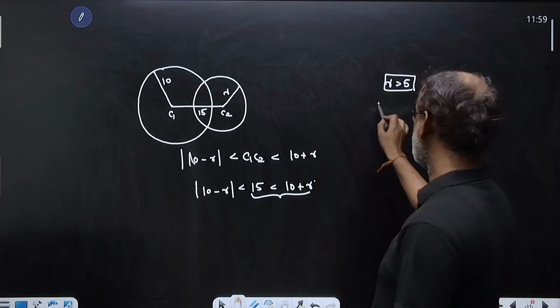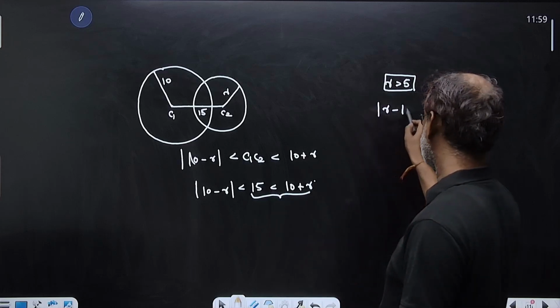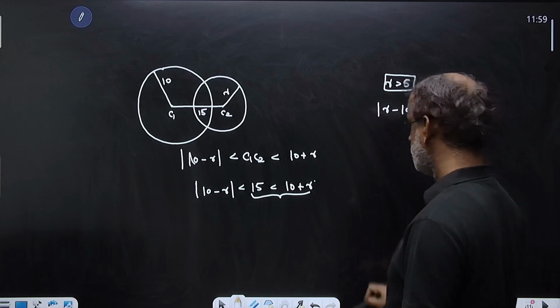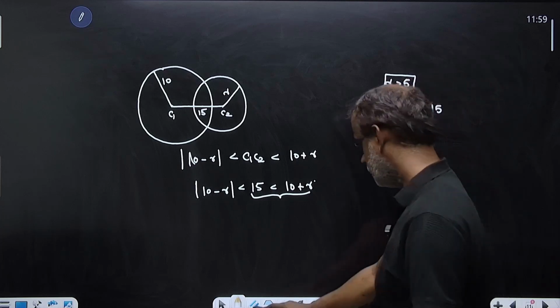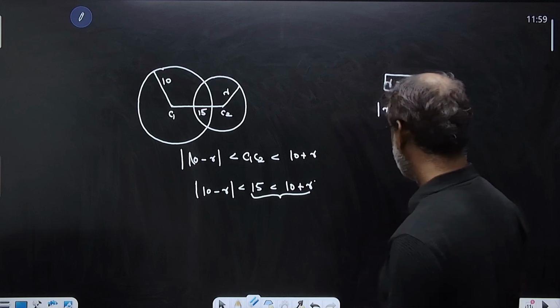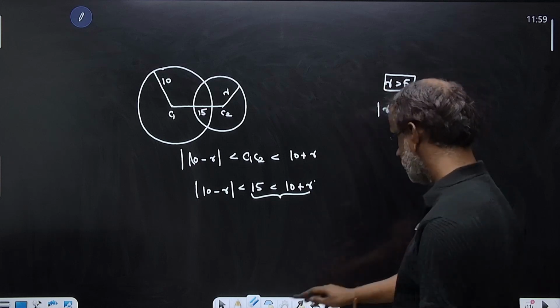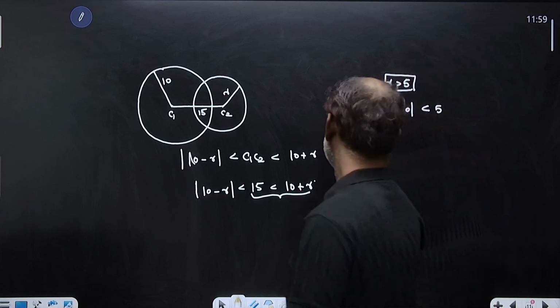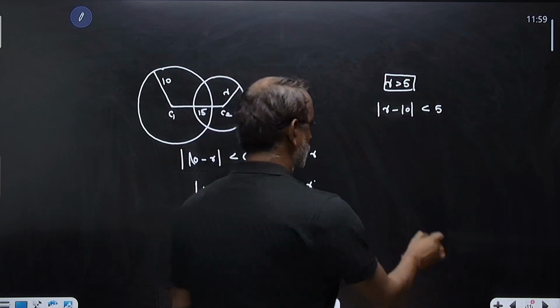What does the other inequality tell you? So, we can square it.